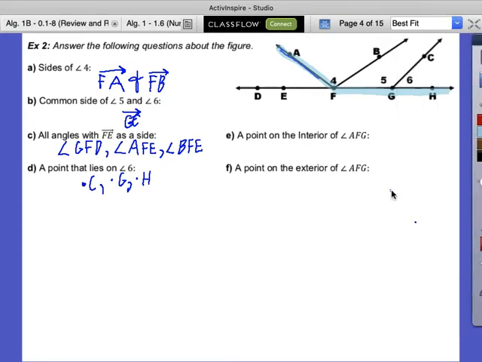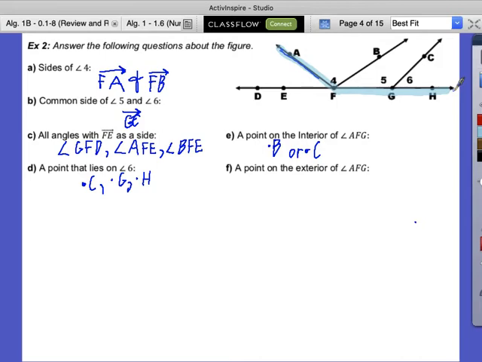Point B, as in boy? Yes. Perfect. Point B would be on the interior. And there's one other answer that we also could have. C. We can also have point C. Either one of those would be a good answer. You don't need both, just one of the two. They're both inside angle AFG. So even though H is past G, it's a ray, so it just keeps going forever in the direction.